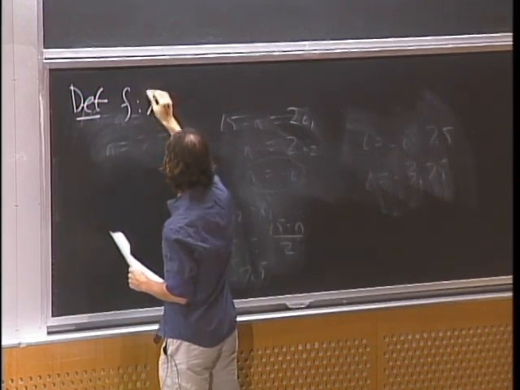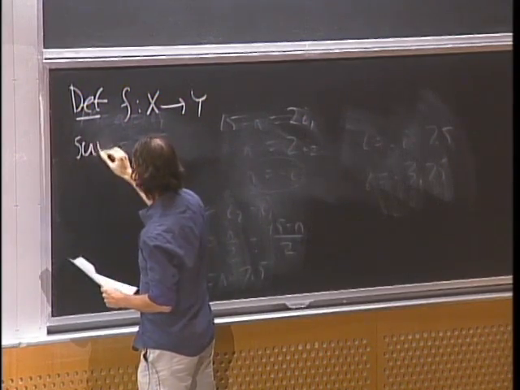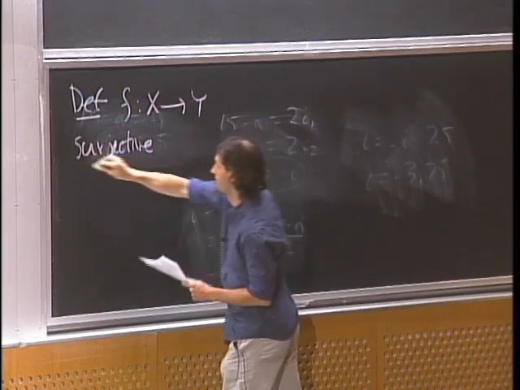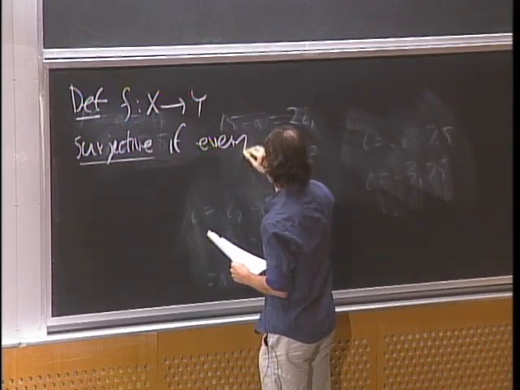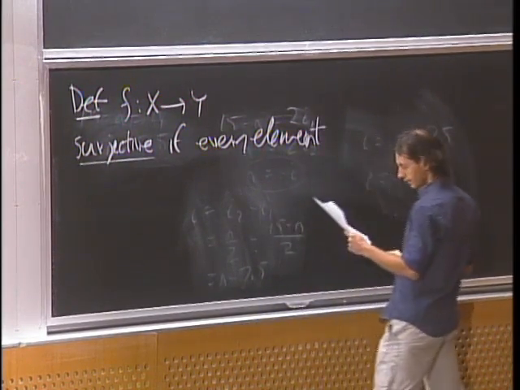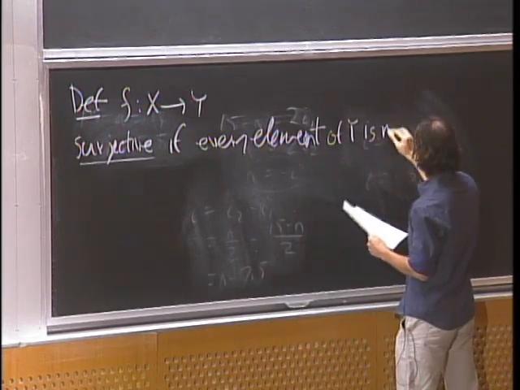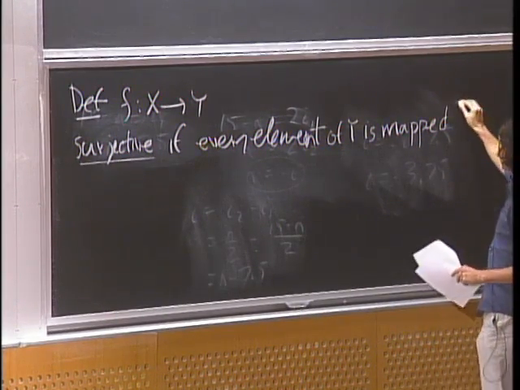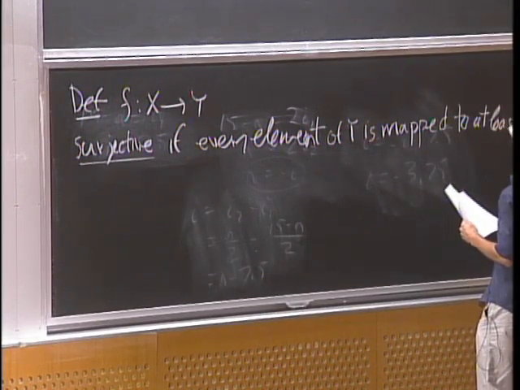A function f that goes from X to Y is called surjective if every single element of Y is mapped to at least once. So what does that mean?